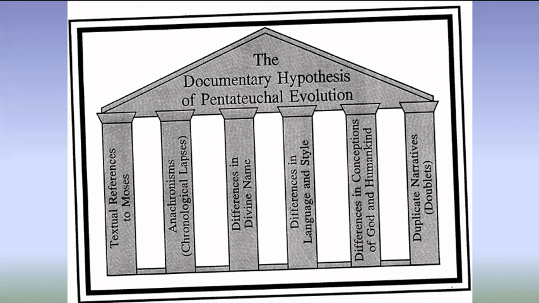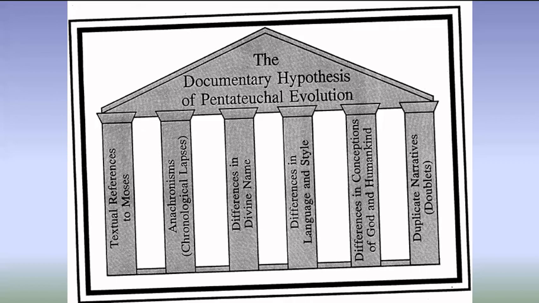Number 1, textual references to Moses. The response is that the use of third person is not uncommon among early histories. We have examples of this: Caesar's Gallic Wars, for example. Oftentimes scholars will refer to Deuteronomy 34 and the death narrative. How can an author write about his own death?